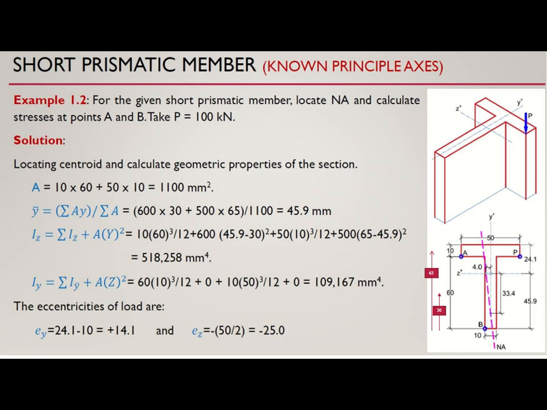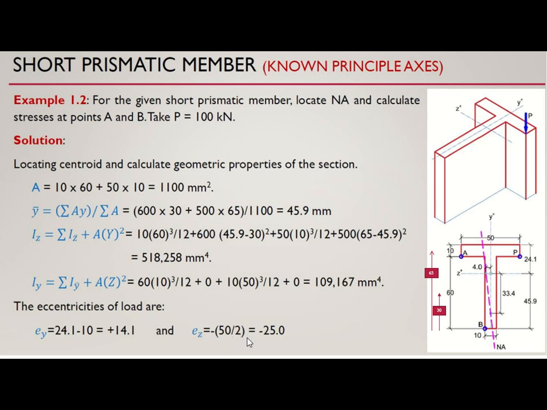So what is the eccentricity of the load? The eccentricity of the load is the distance from 24.1 to 10. If we subtract 10 from this, the remaining distance from the neutral axis to the point P is the eccentricity.